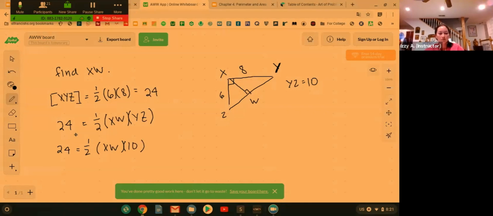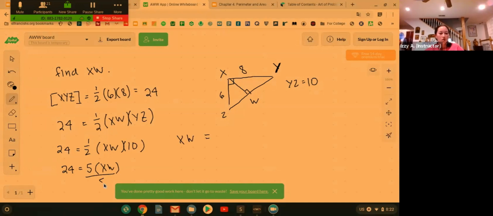From that point, we just do algebra. 1/2 times 10 is going to be 5. So we have 24 is equal to 5 times XW.